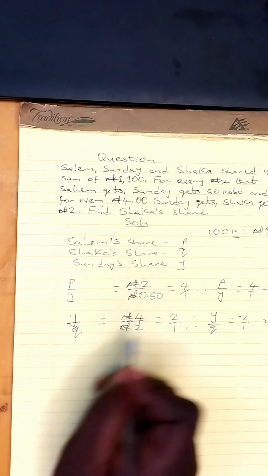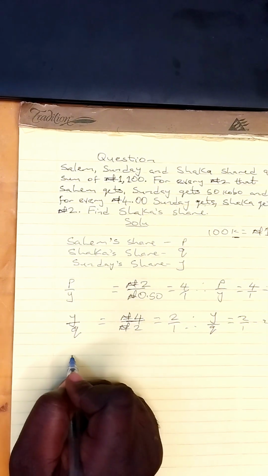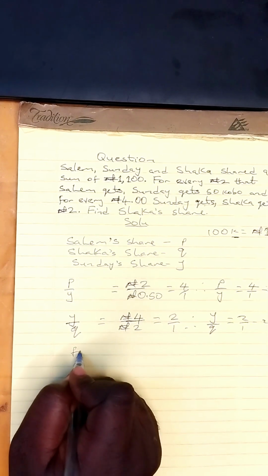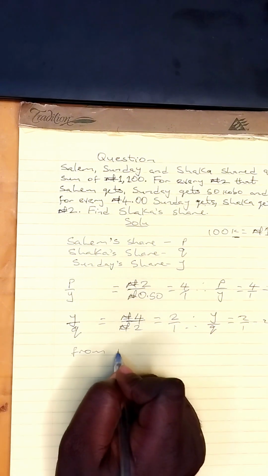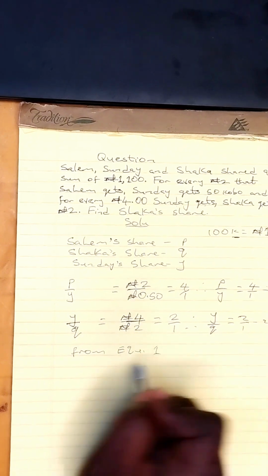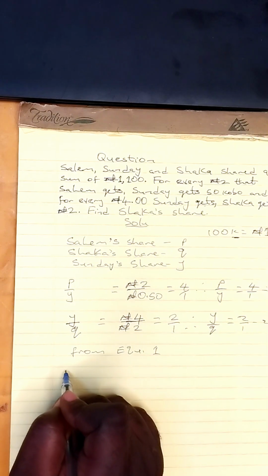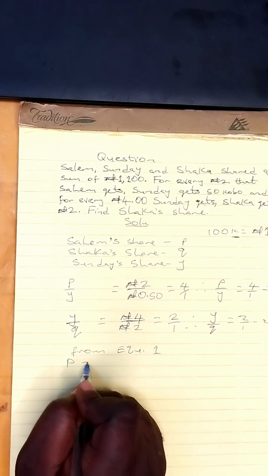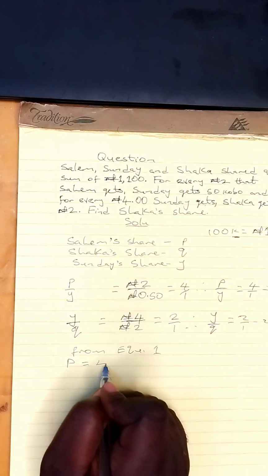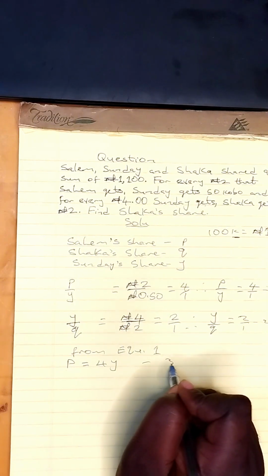Now for equation 3, you cross multiply. From equation 1, you have P equals 4y. This is what we call equation 3.